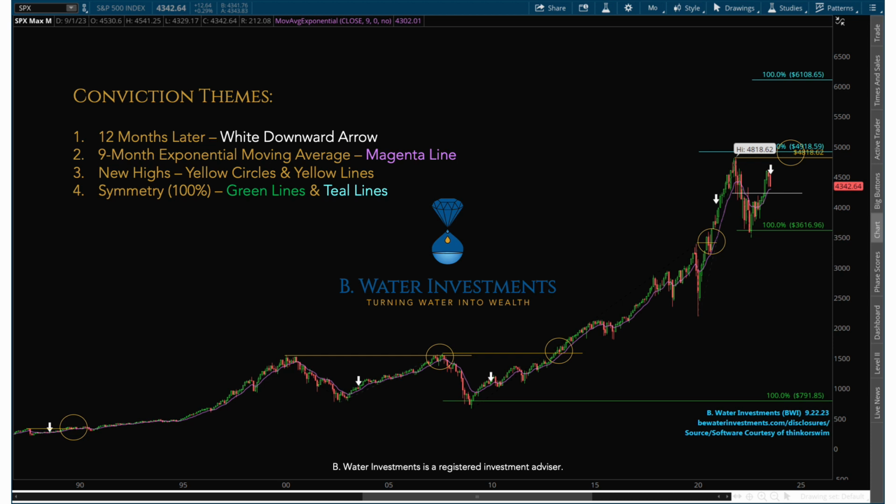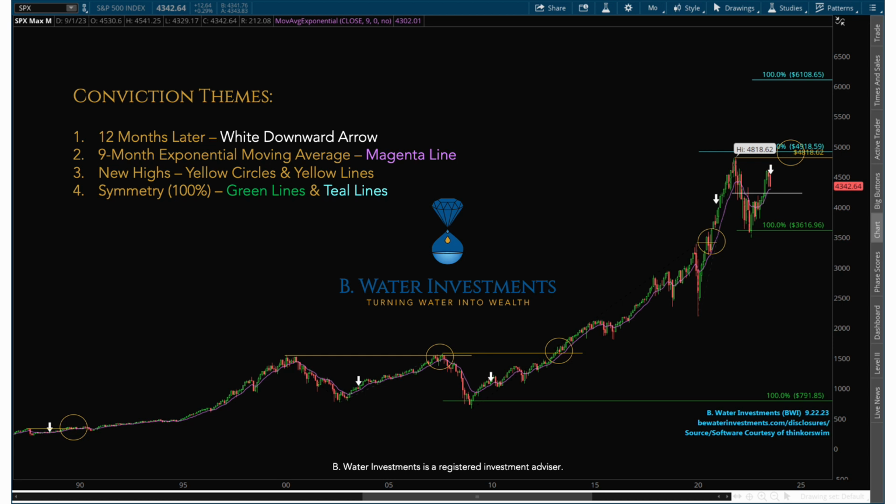We have a monthly chart, and I'm here today to break down why B Water Investments not only believes that the bottom was in October of 2022, but show you in a picture why seeing is better than any other alternative, like listening to the news.